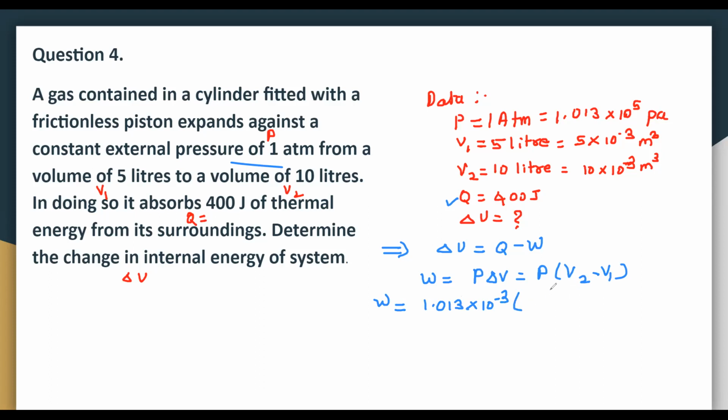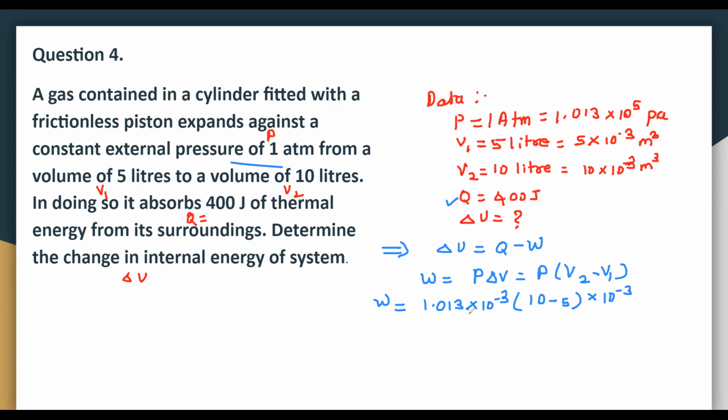Then V2 value is given, that is 10 liter, and liter to meter it is 10 into 10 raised to minus 3. So 10 minus 5, I'll write 10 raised to minus 3 as a common factor here.